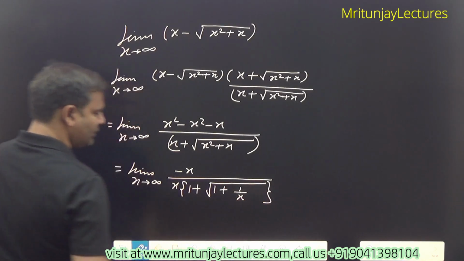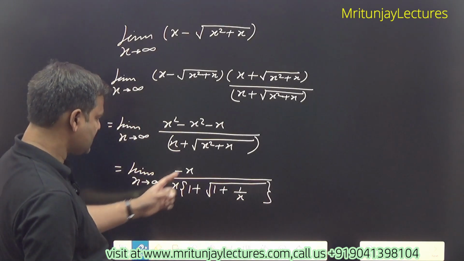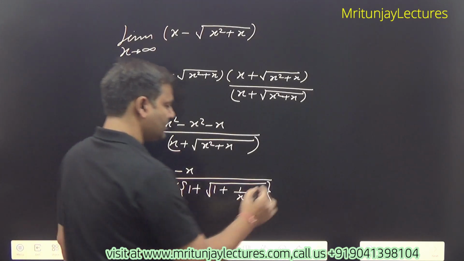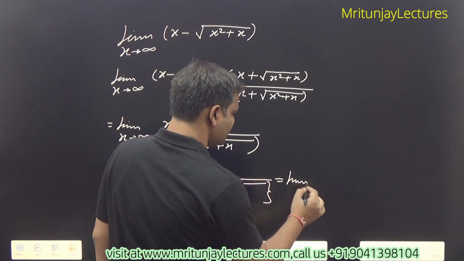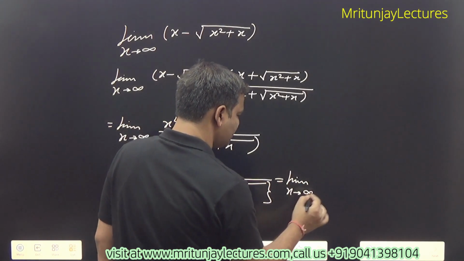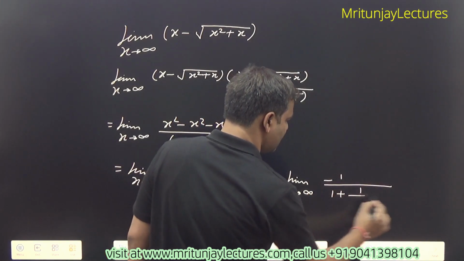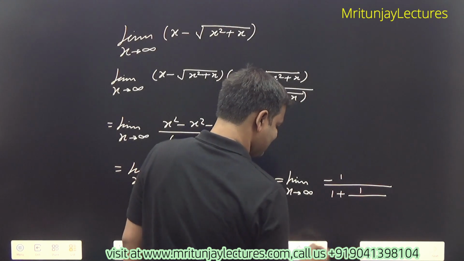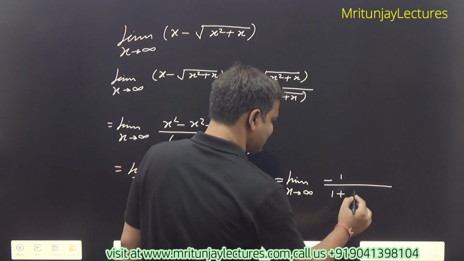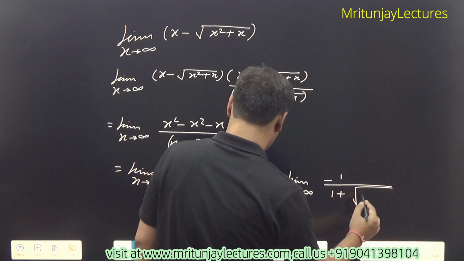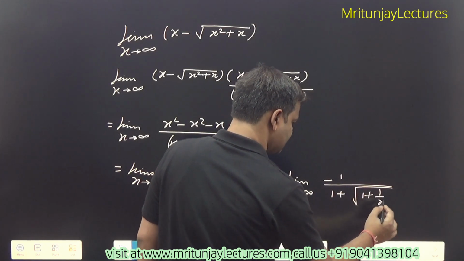Now x by x cancels. So limit x tends to infinity, minus 1 upon 1 plus square root of 1 plus 1 upon x.